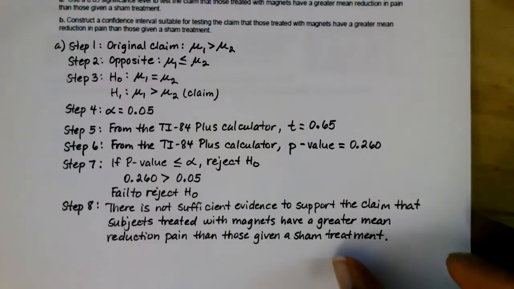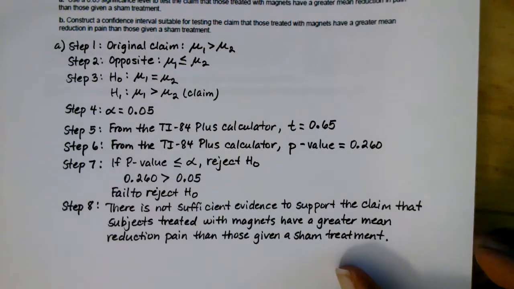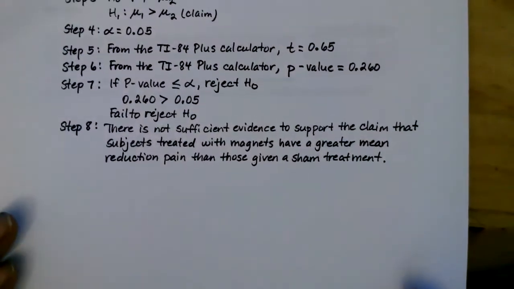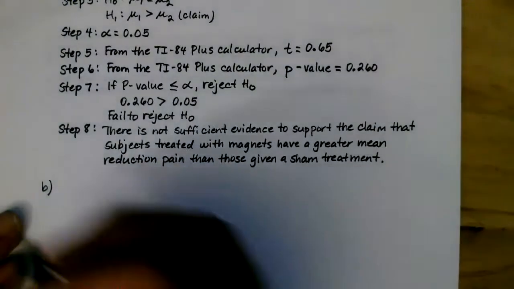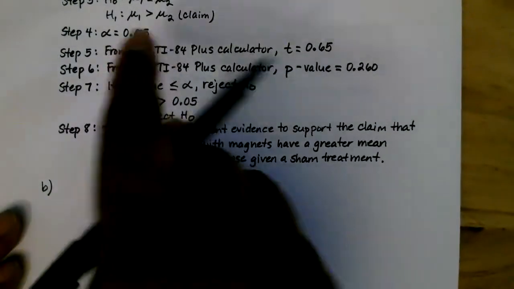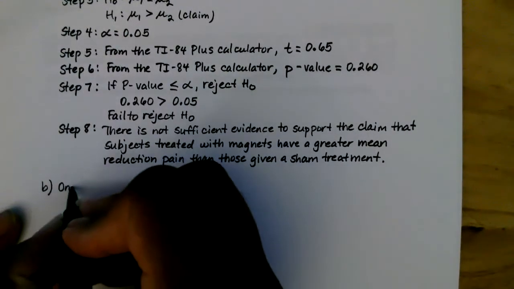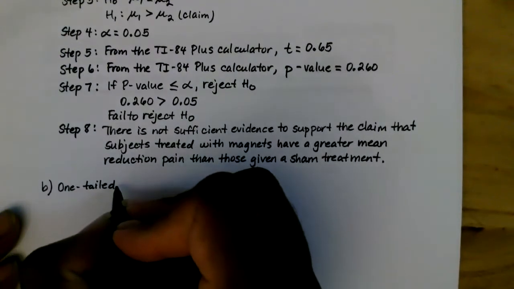Part B is constructing a confidence interval suitable for testing the claim that those treated with magnets have a greater mean reduction in pain than those given the sham treatment. In this case, greater than means a one-tailed test, or more specifically, a right-tailed test.